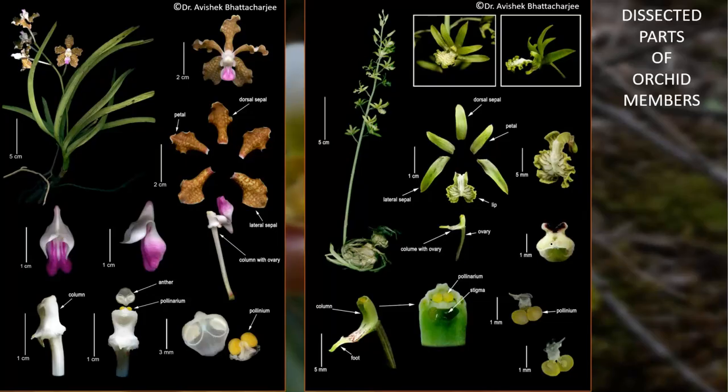Here you see the two plants, Vanda tessellata and Eulophia andamanensis. In the dissected photoplate you clearly see that the sepals and petals are dissected, and the labellum, which is attached with the column and ovary, is seen here.